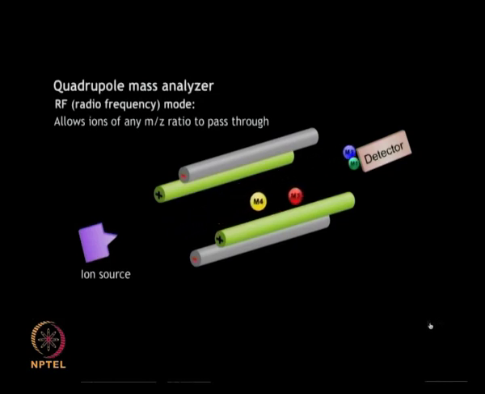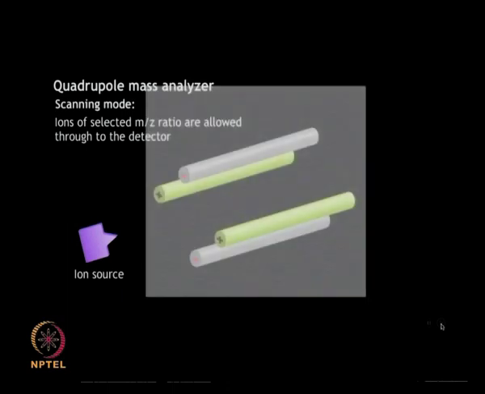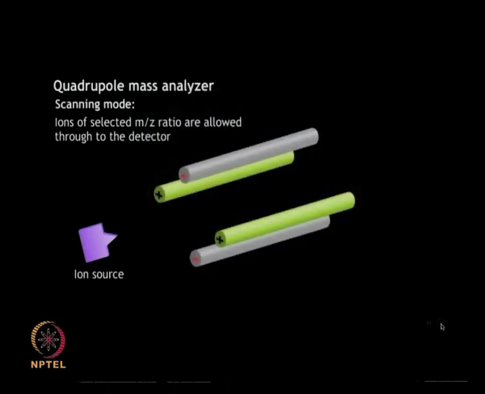So, there are two modes in which the quadrupoles can be operated, the radio frequency or the scanning mode. The RF mode can allow all the ions to pass through, whereas in the scanning mode, the quadrupole analyzer selects ions of a specific m by z value as defined by the user.